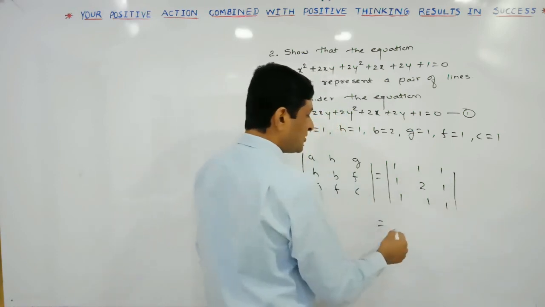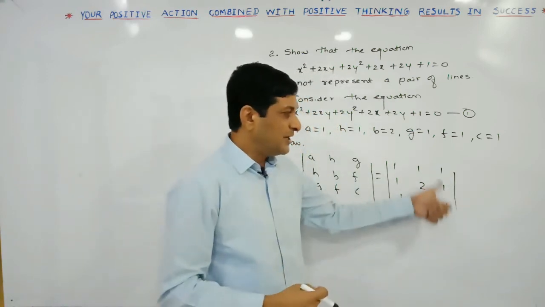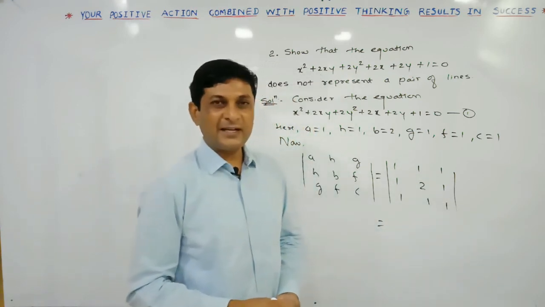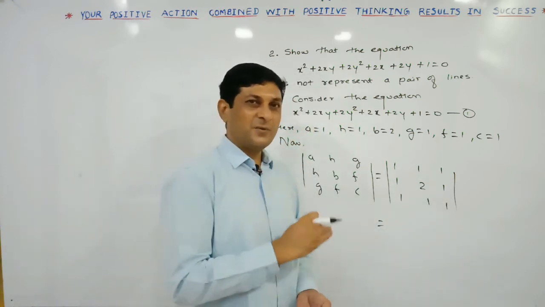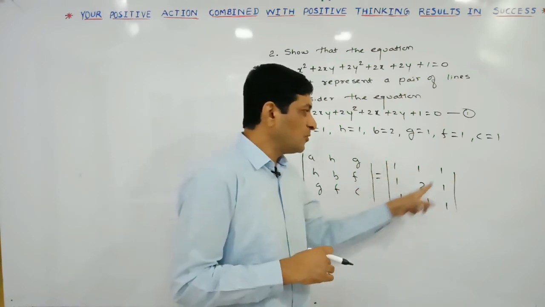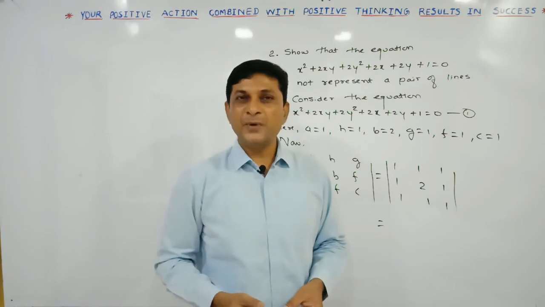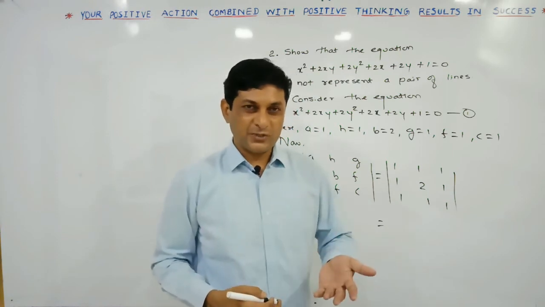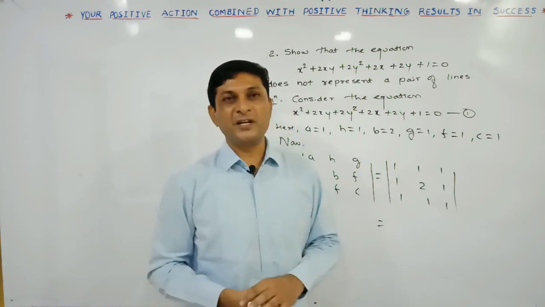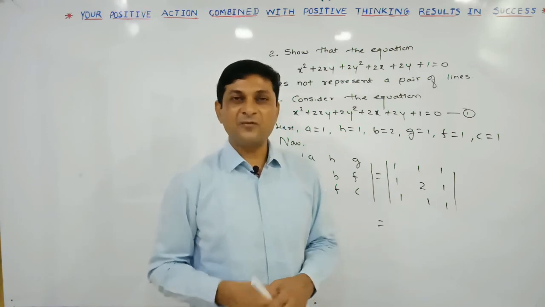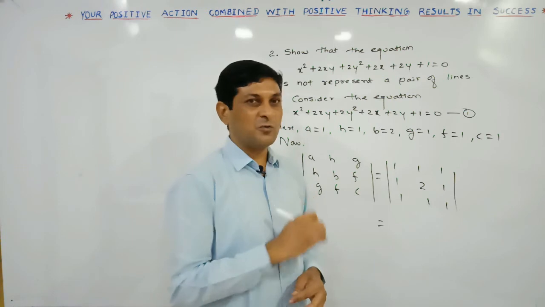So here we can observe that we are able to simplify this determinant using our regular expansion method, or we can observe that the elements of two columns are equal, and one property says that if the elements of any two rows or any two columns of a determinant are identical, exactly the same, then the value of the determinant is always equal to what? 0.